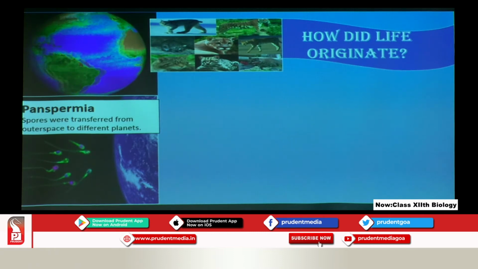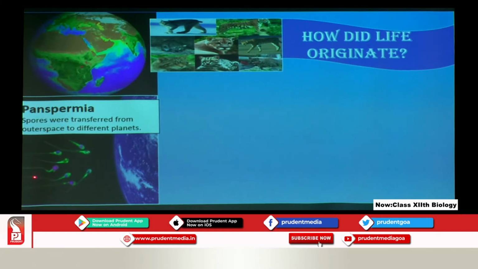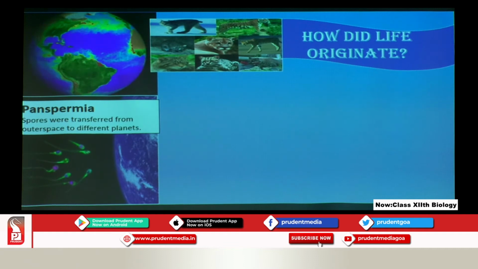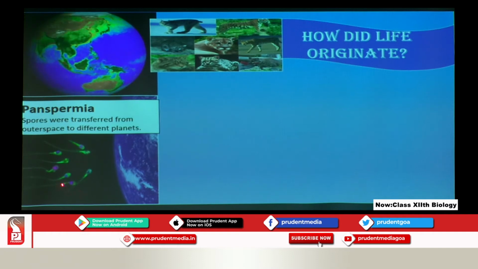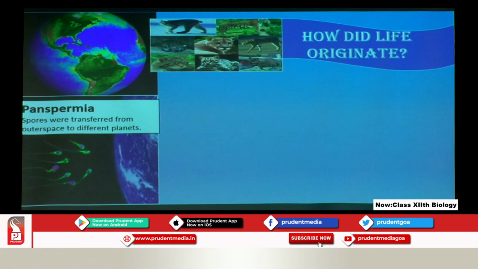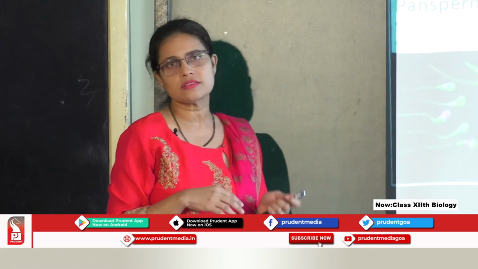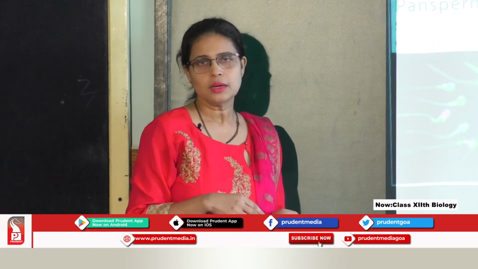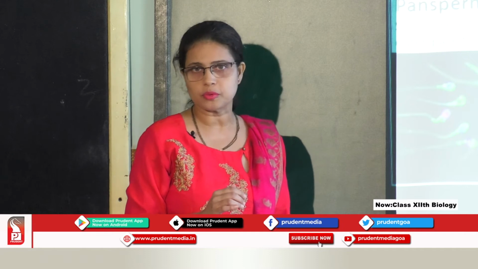According to them, there must have been spores coming from some outer space, and they were just scattered on the planet, not only on the earth but other planets also. That means life was there, the spores were there in outer space, and they were now distributed on different planets, and that is the reason why there is life on the planet. But then this theory is totally discarded because there was no scientific proof for that.